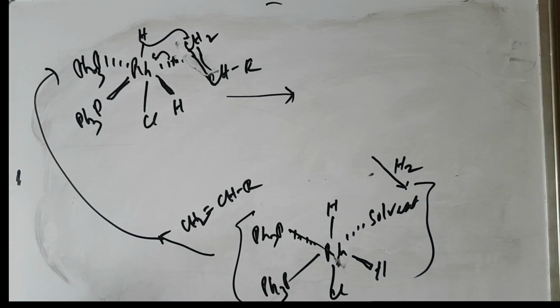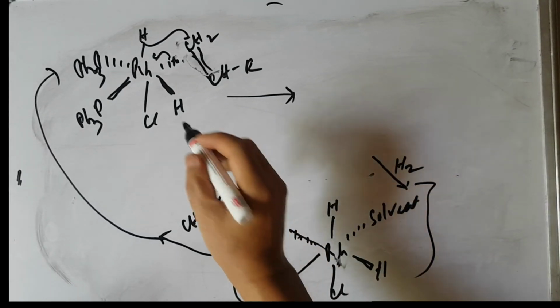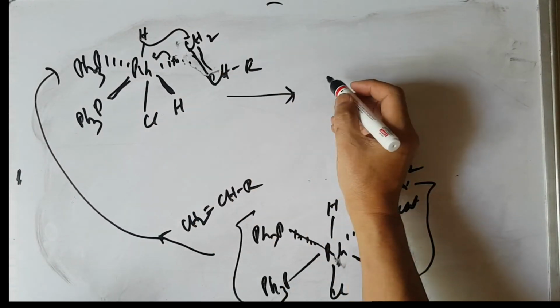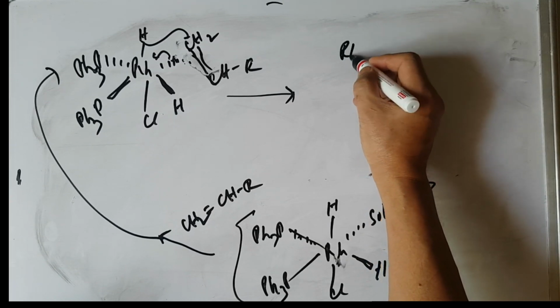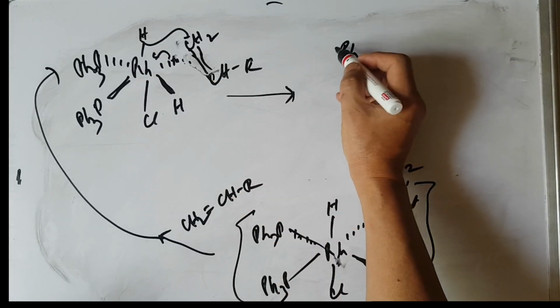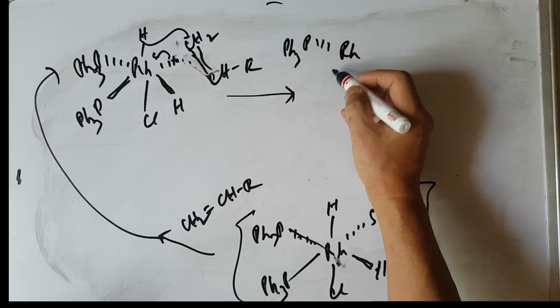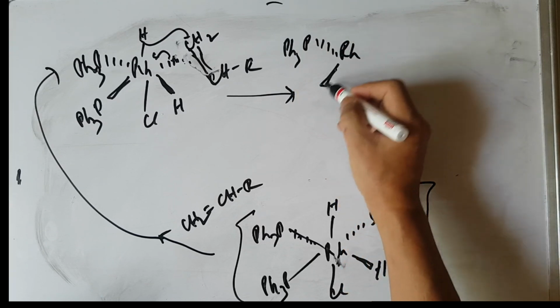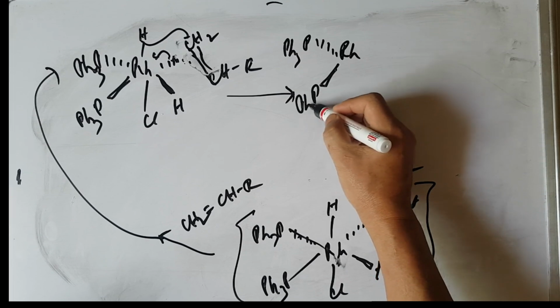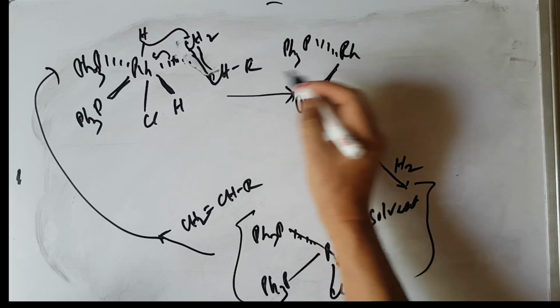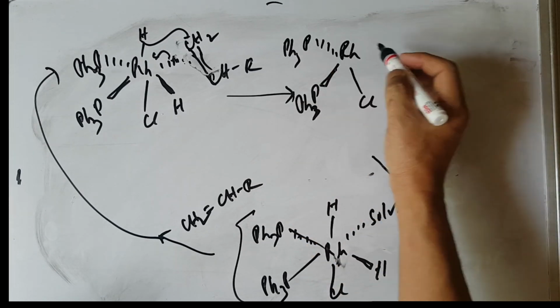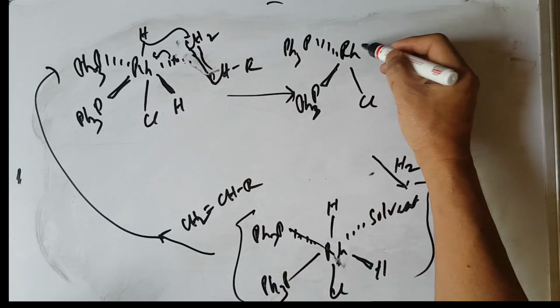So the next step: you take this one and link it with this one. Rhodium with triphenylphosphine, one molecule, another triphenylphosphine, PPh3, and the chloride here, and this links with the hydrogen.